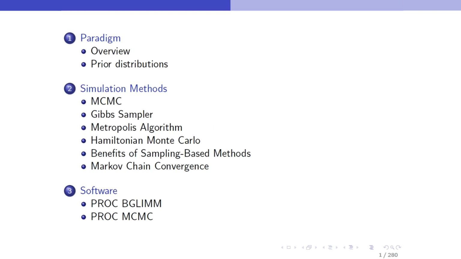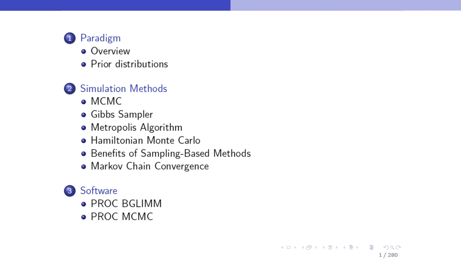So this is the outline of what I will be discussing today. It's a pretty high-level overview of what Bayesian statistics is, and relating to some of the simulation methods that are commonly used in the Bayesian paradigm to do estimation and modeling.